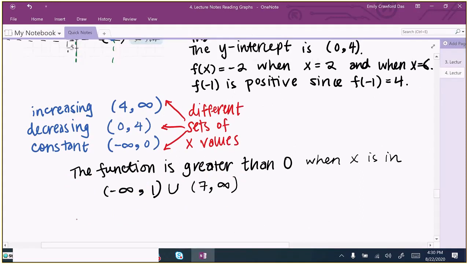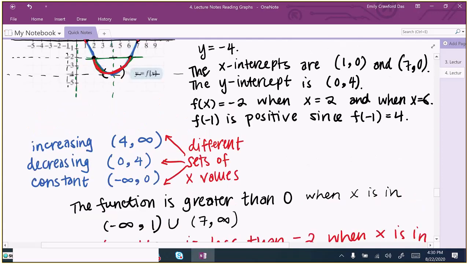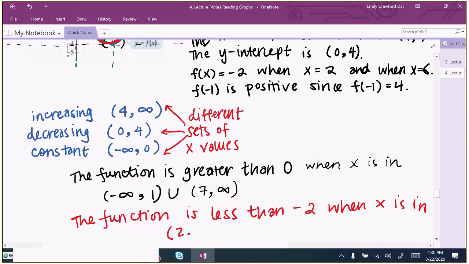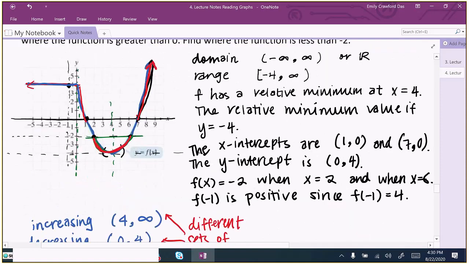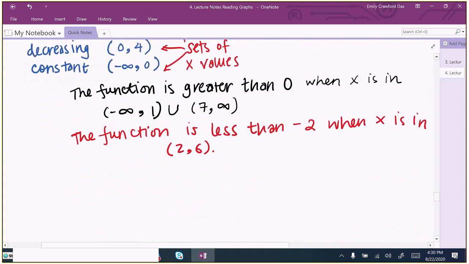So I'll say the function is less than negative 2 when x is in the interval 2 to 6. And we don't include 2 and we don't include 6 because it said less than, not less than or equal to. All right.